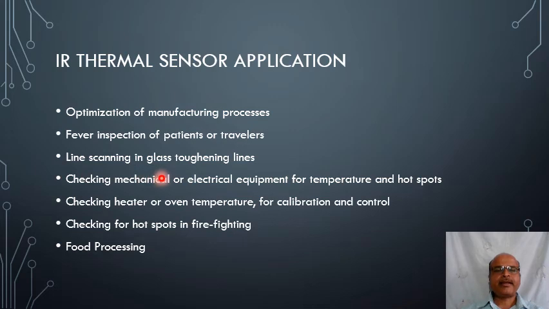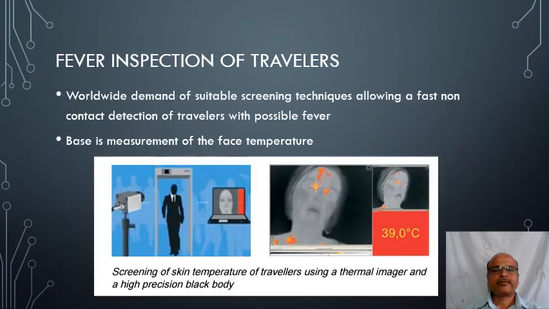Then line scanning in glass touching lines, checking mechanical or electrical equipment for temperature and hotspots, checking heater or oven temperature for calibration and control, checking for hotspots in fire fighting, and then food processing. So there are any number of applications of this IR thermal sensor or IR temperature sensor.